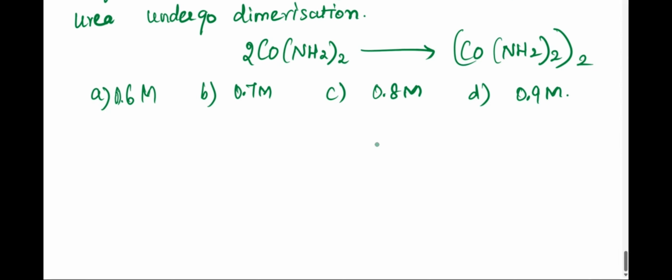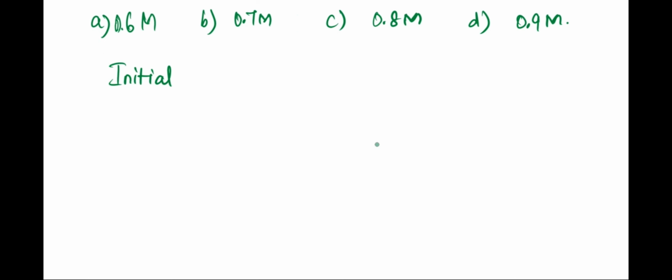So the initial molecules are 6.02 into 10 to the power 23, which is nothing but 1 mole of molecules.